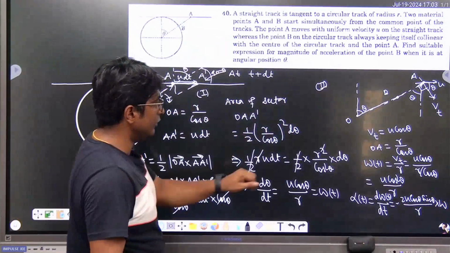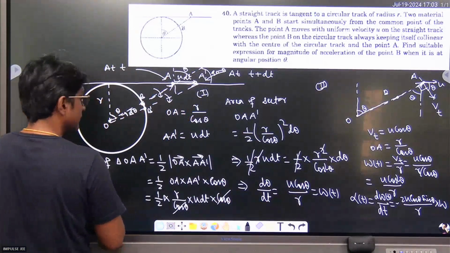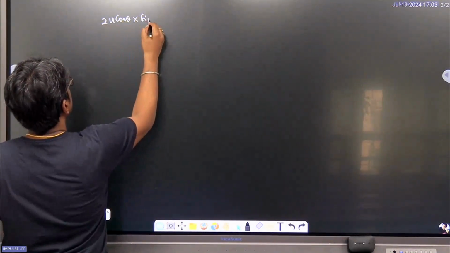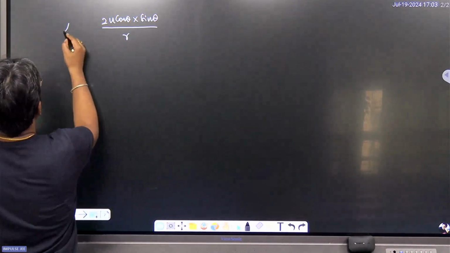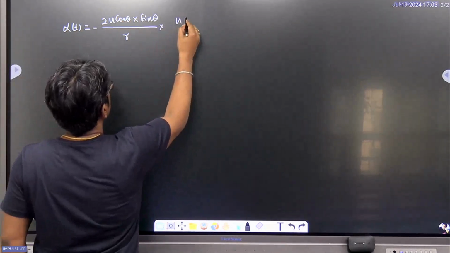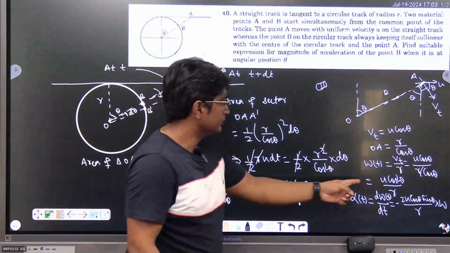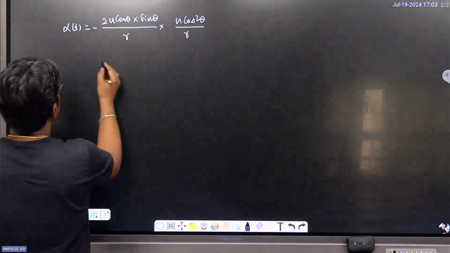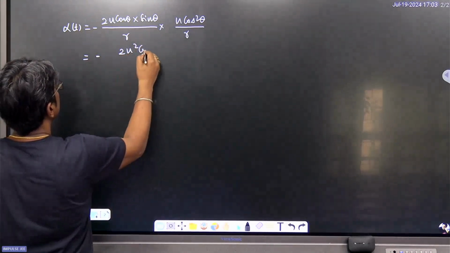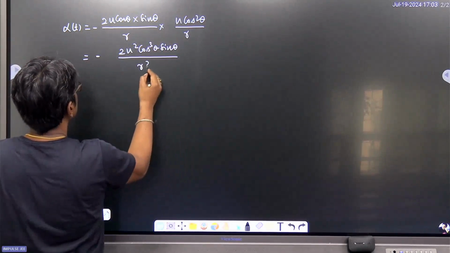So if we substitute the value of omega, then what we can write? 2u cos theta sin theta by r with this negative sign times omega. That omega was this value, u cos square theta by r, right? So if we simplify, this is coming 2u square cos cube theta sin theta by r square.